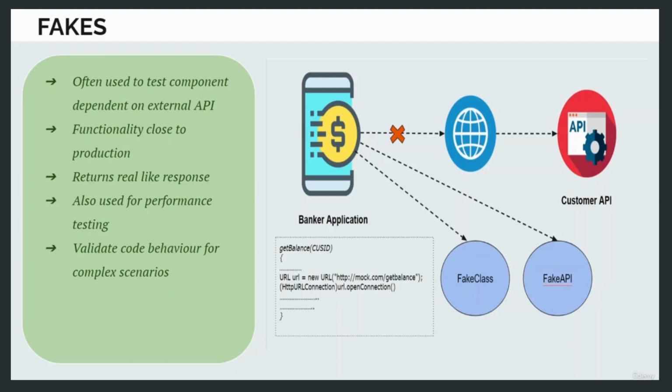Because you can test end to end the complex scenarios also, whenever the customer API or the real dependent API is not available, right, or still under development. So the fake class here will have its own methods to interpret the different transactions and perform operations, like reducing or increasing the balance according to the credit or debit transaction being performed, and accordingly get balance will then return the actual balance, like it is interacting with the real API, right?